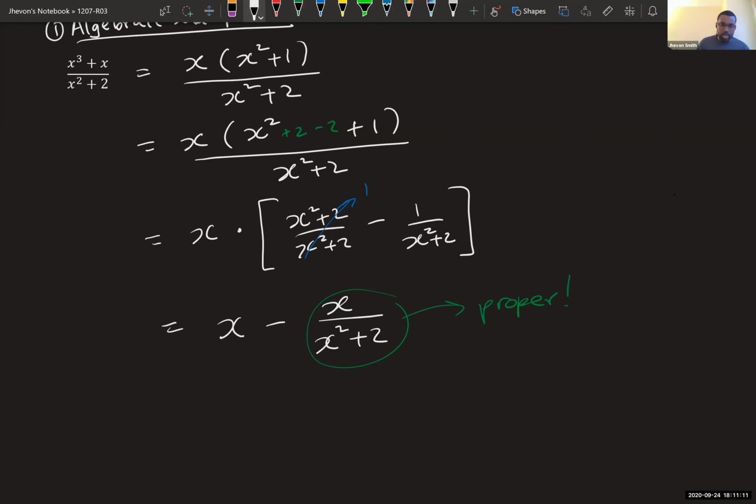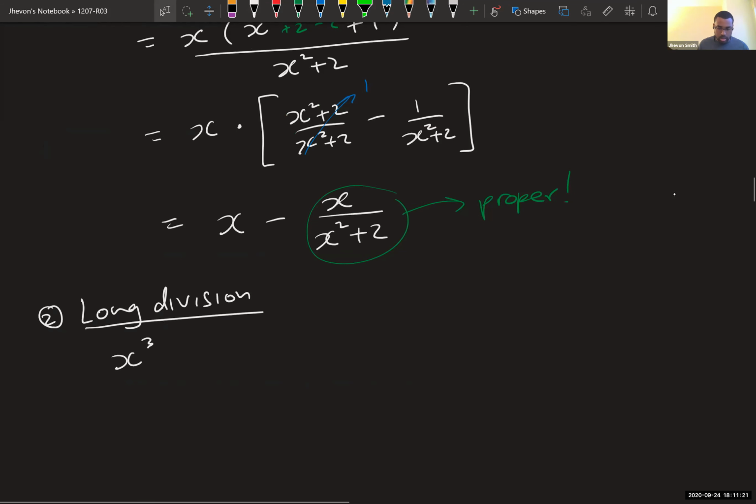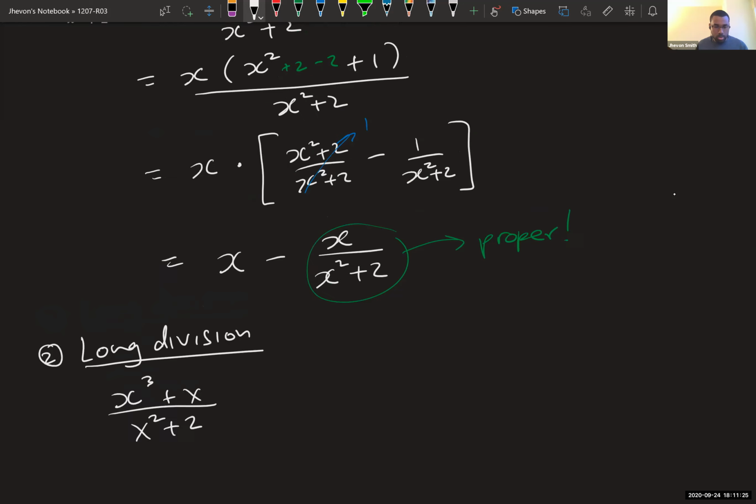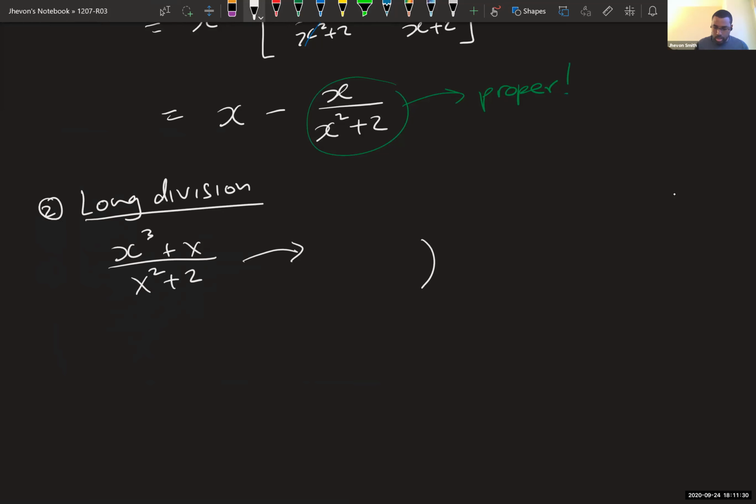And you'll notice that this second fraction here is proper. I could do this with long division. If I see x cubed plus x over x squared plus 2, what I could do is, okay, so I have x cubed, leave the space for the x squared.